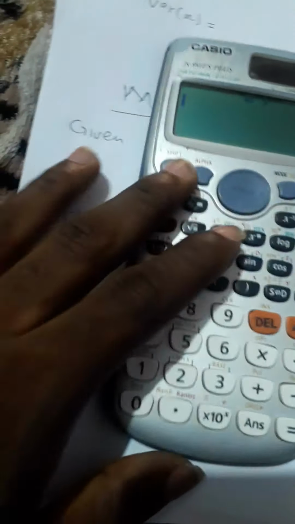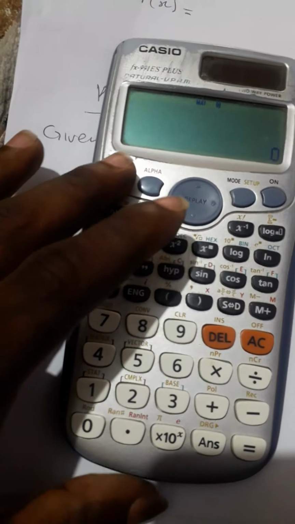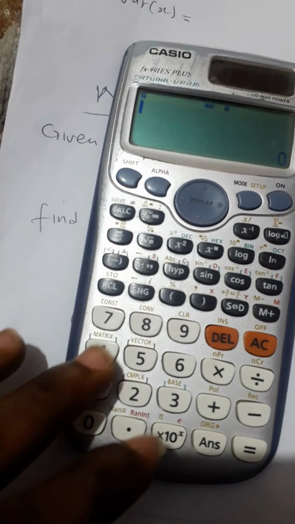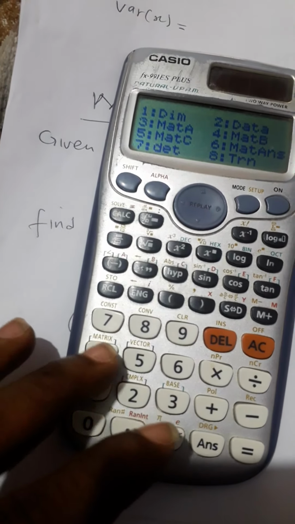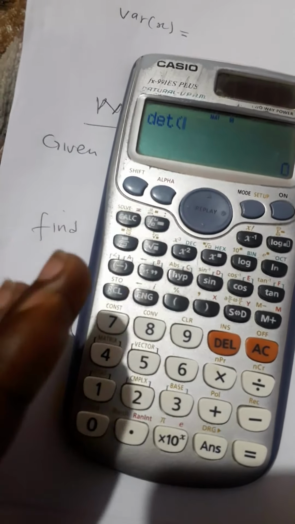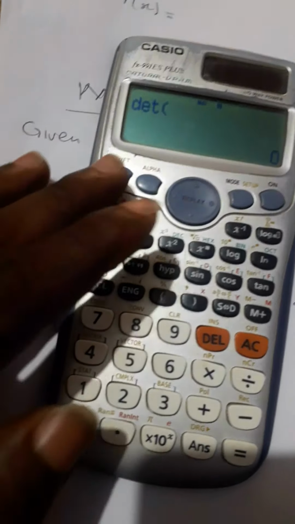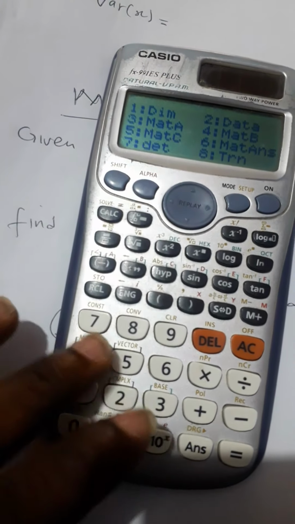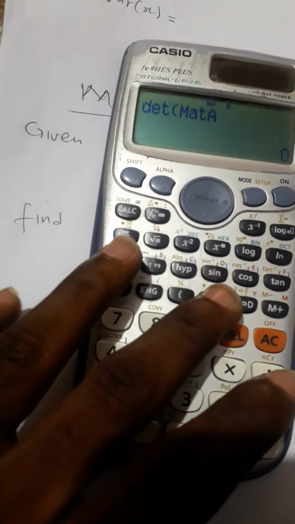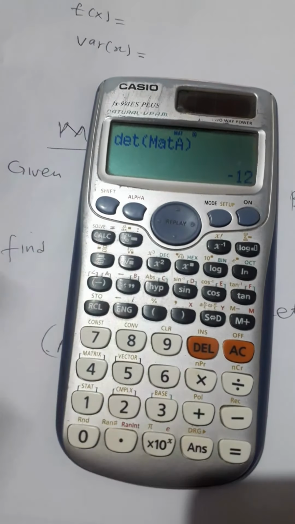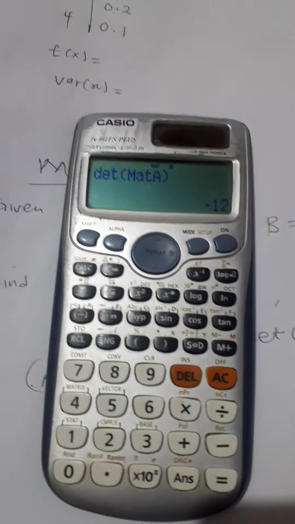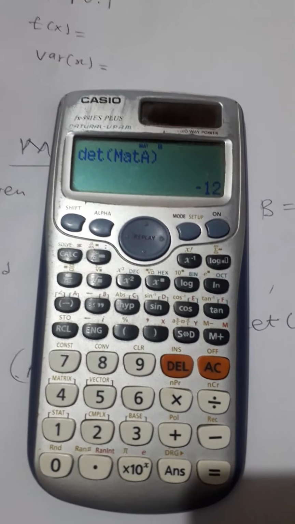Okay, first, let's do determinant of matrix A. So shift plus 4, then 7, determinant of what? You see the determinant has opened a bracket. Determinant of what do we want? Okay, so we go and shift plus 4, we call for matrix A, and it means the determinant of matrix A is negative 12. I hope this is okay, right?